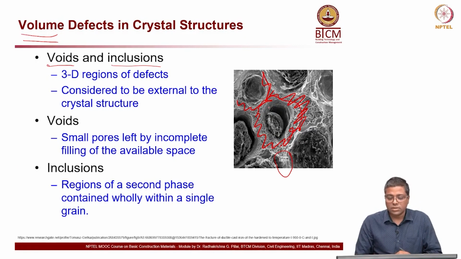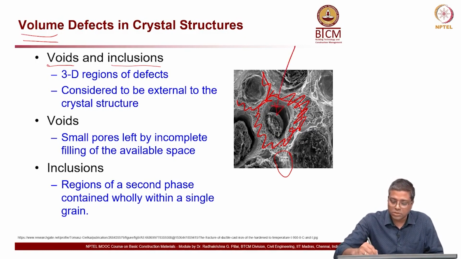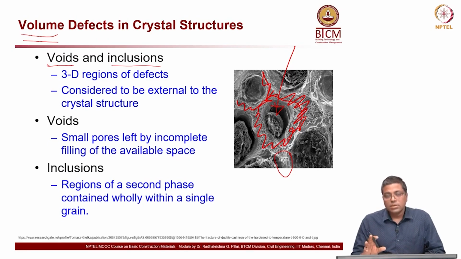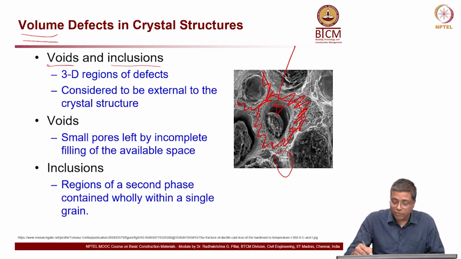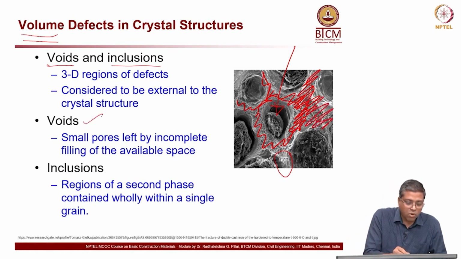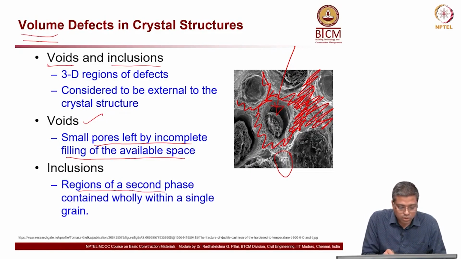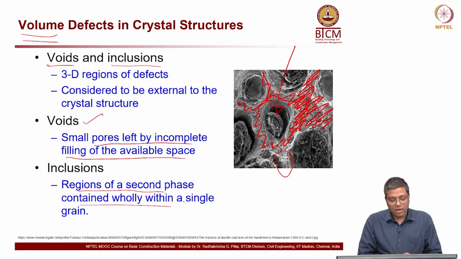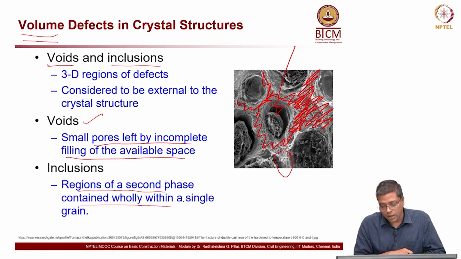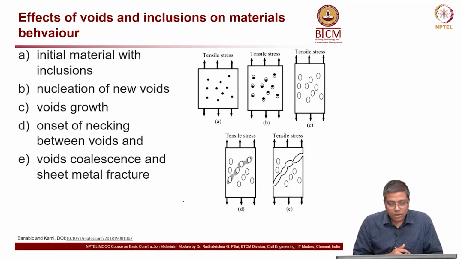This is a very close up view, to make you understand. These materials are considered to be external to the typical phase of the material, that is this region here. They are not really interacting with it. And if you say void, there are small pores left incomplete or just some space is available. Inclusion is a region of a second phase contained wholly within a grain. Okay. So, it is clear now.